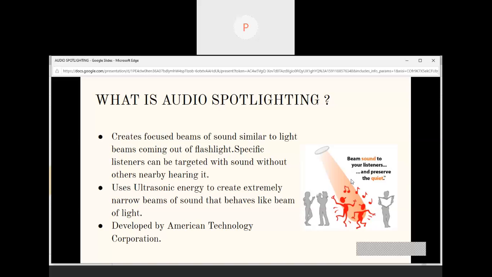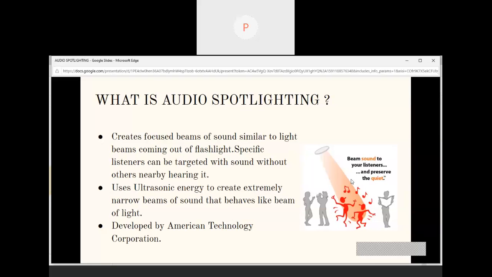People to the left or to the right of the target remain silent. Don't be confused. After moving on to further slides, you'll get a brief idea of what it actually is. Joseph Pompei of Holosonic Research Labs invented the audio spotlight in 1998, made of a sound processor, amplifier, and the transducer that reduced audible distortion.